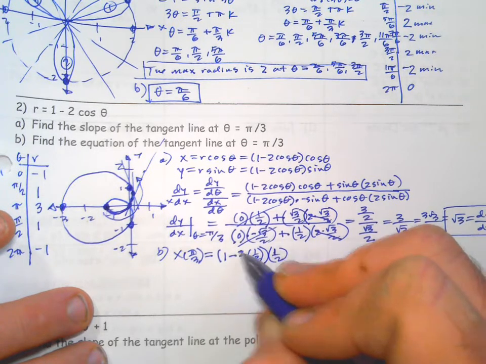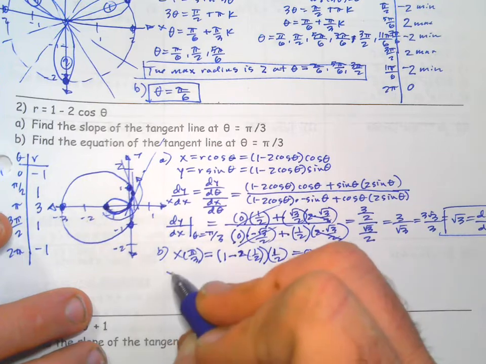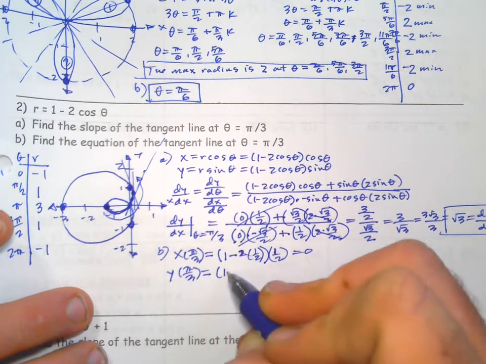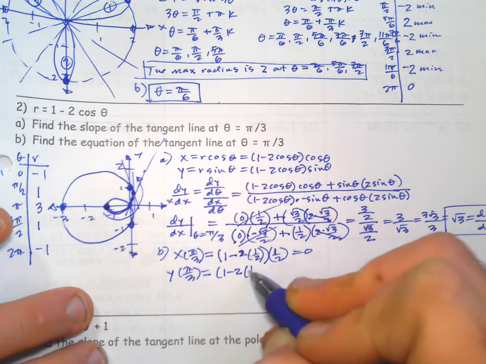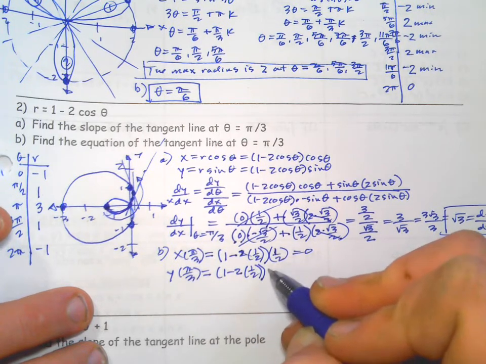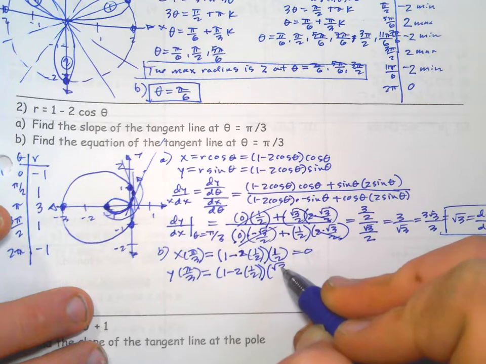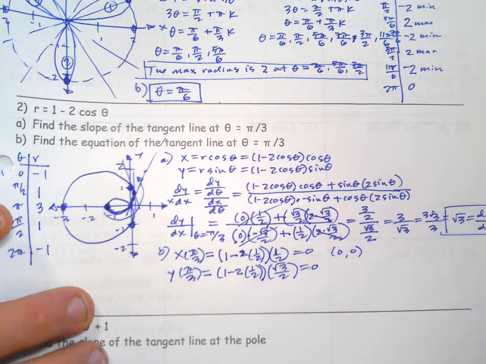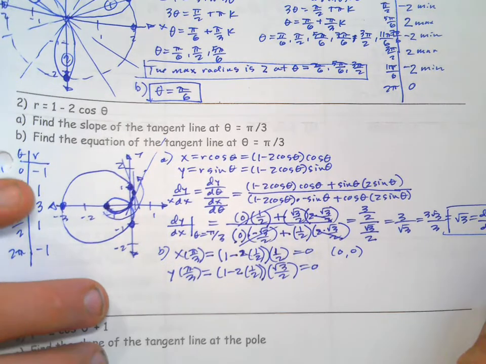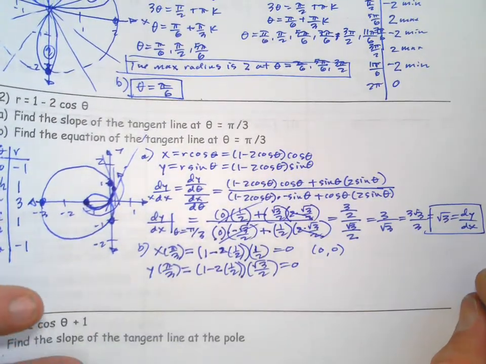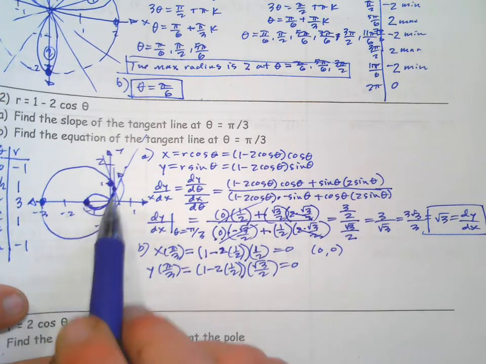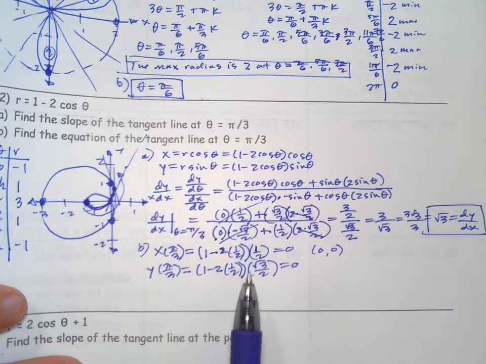But that's going to give you 0. And the y coordinate is going to be 1 minus 2 times cosine pi over 3, which is 1/2, and then sine of pi over 3 is root 3 over 2, but that's going to give you 0. So this is actually at the origin. Kind of crazy. I mean, I guess, you know, this was 0, this was pi over 2, pi over 3 somewhere in between. I mean, it could have been right where it was going through the pole.